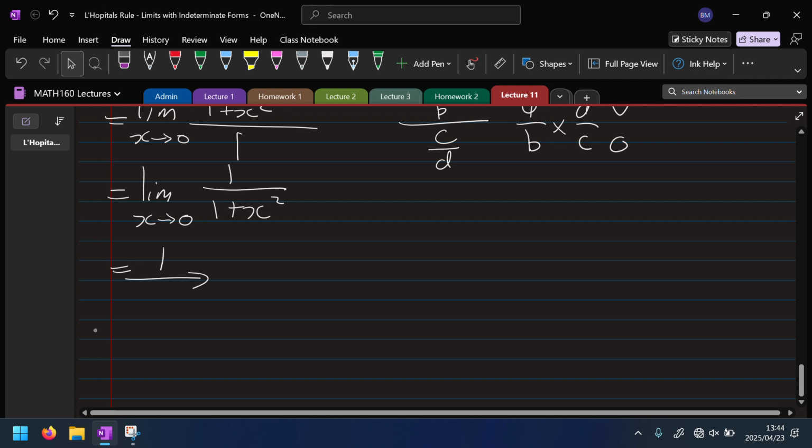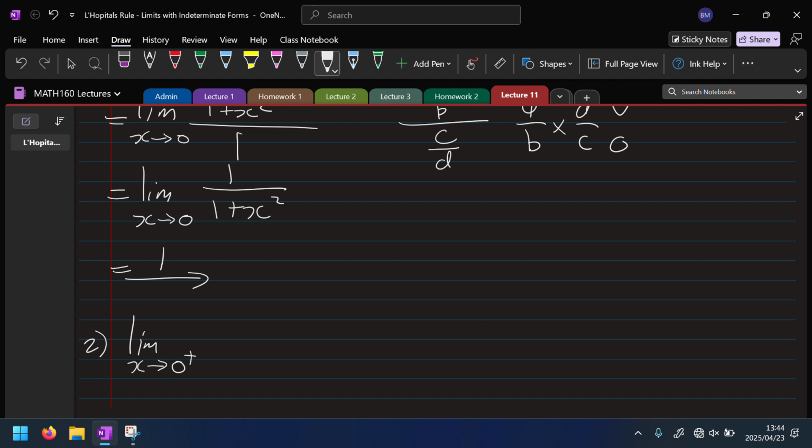Number 2. We have the limit as x goes to 0 plus, and we all know what that means, of x times the natural log of x. Let's check condition 1 and 2.